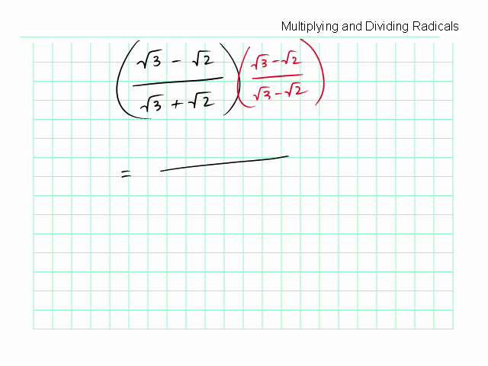In the denominator, I have my difference of squares pattern right here. So we're going to have square root 3 times square root 3, that's square root 9, minus square root 2 times square root 2 is square root 4.